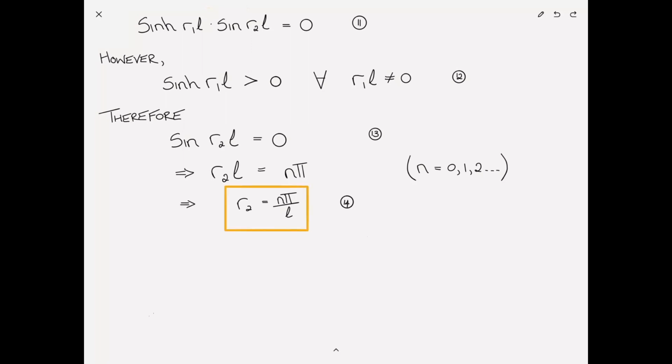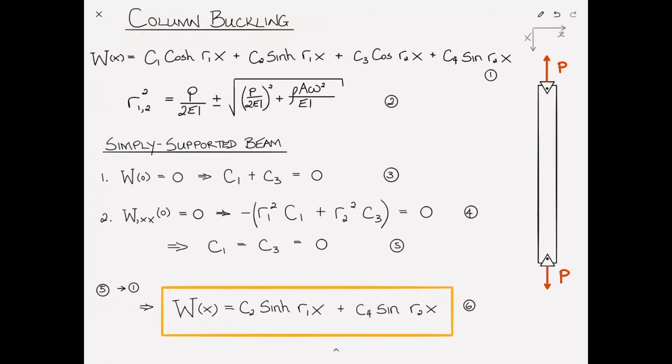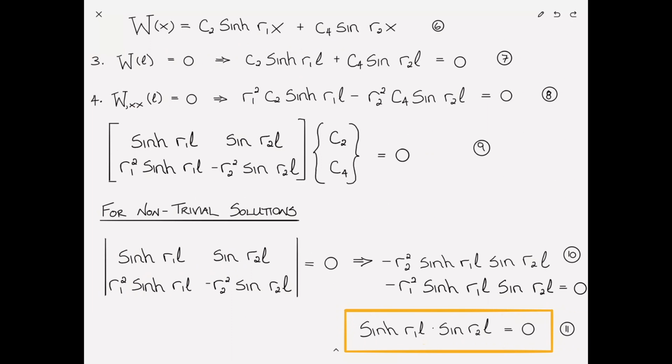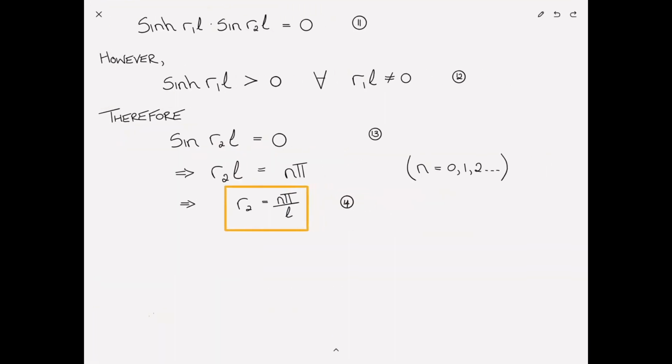Now we can go back to equation 2, which is the equation for R1 and R2. And since we have this equation for R2, we can substitute equation 14 in. And this gives you that R2 squared is equal to P divided by 2EI. And R2 is the smaller of the two roots, so it's the negative square root.